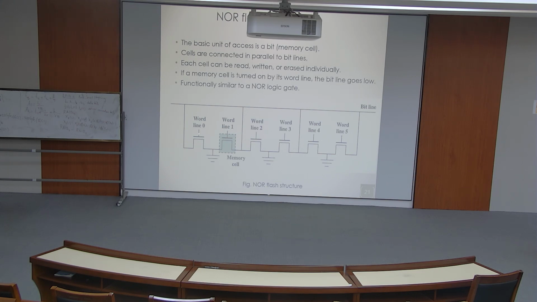So it is very important to note that if a memory cell is turned on by its word line, suppose that this is the memory cell which is turned on by its word line, this is word line number 1, that means the bit line needs to go low. This is very important to know. So this is the NOR flash memory structure, and its functionality is quite similar to the NOR logic gate that we all know.